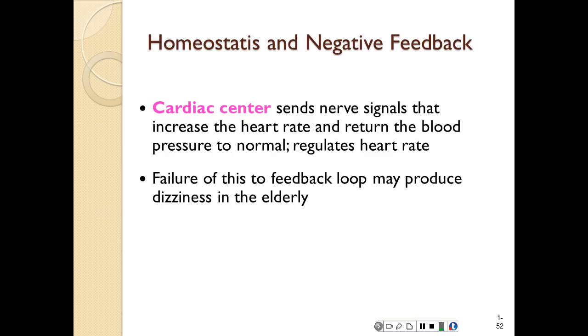So instead of getting up quickly and running out to the restroom or out of the room, slowly get up, sit at the edge of the bed for a minute or two, and then stand on your feet and start your day. That's just to make sure that the blood is not being rushed out and causing your blood pressure to drop.